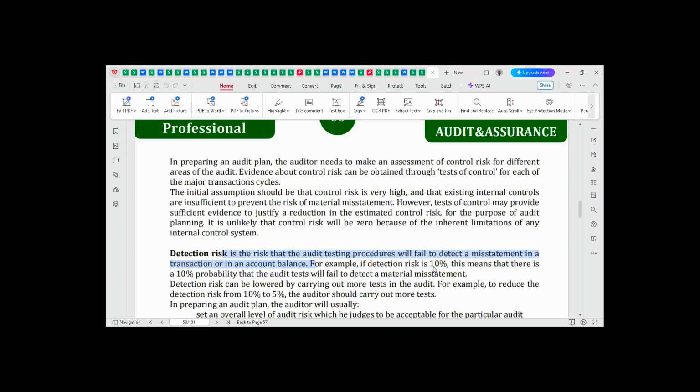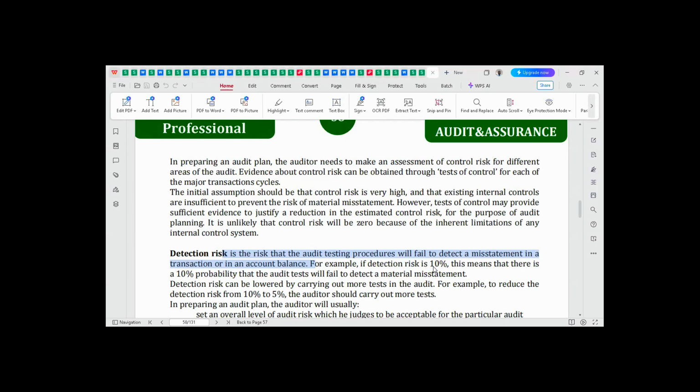That is, you must have gained understanding of your client's business. That's what we mean by detection risk.